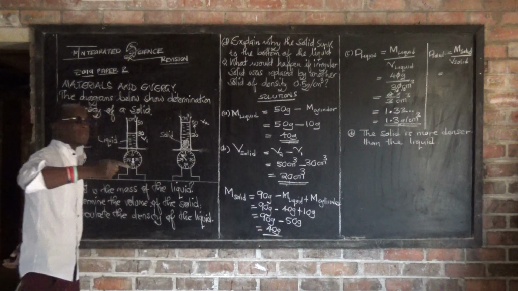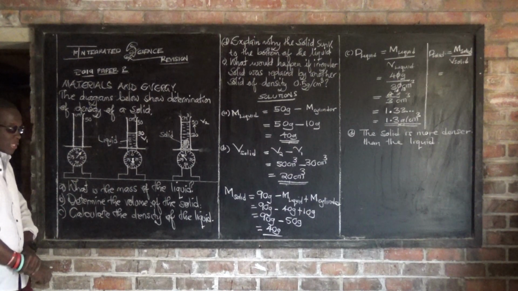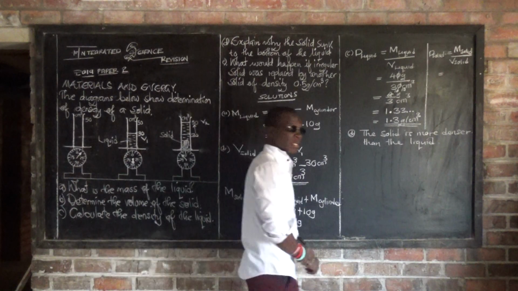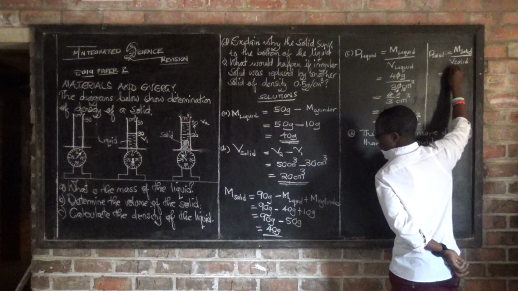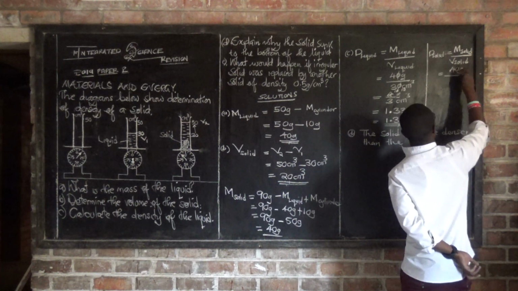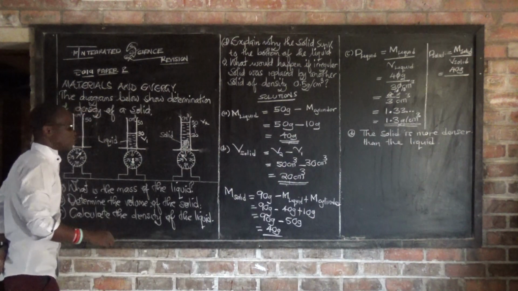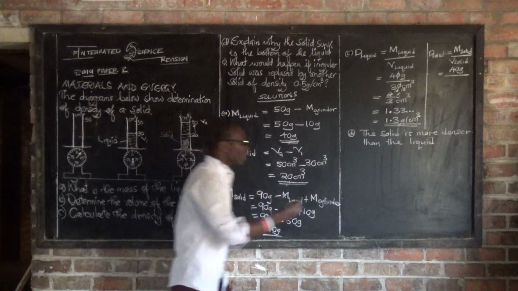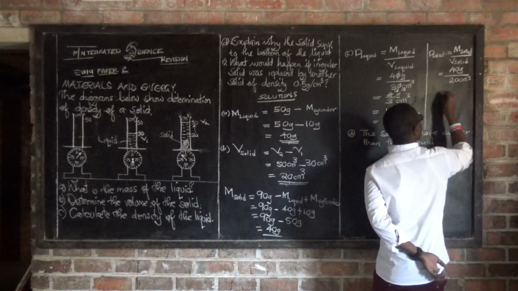So this 40 grams is the mass of the solid. Are we together? So we can proceed and say density of the solid is 40 grams over the volume of the solid, which is 20 cubic centimeters.